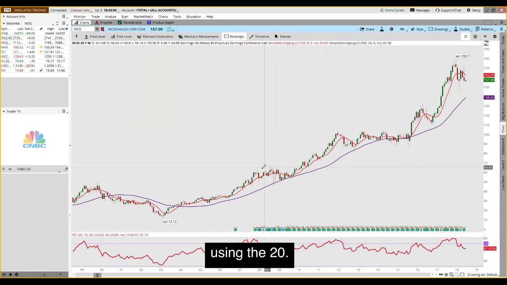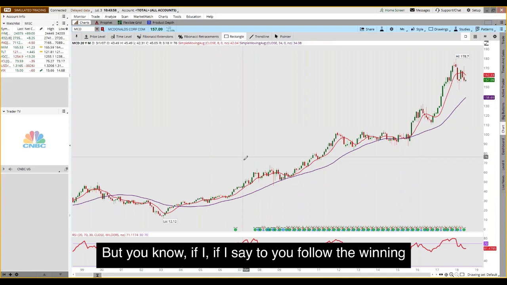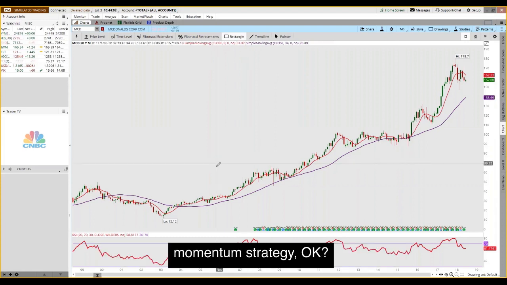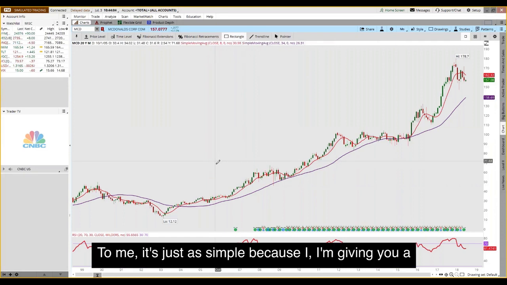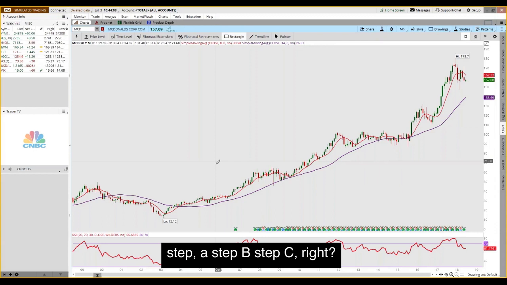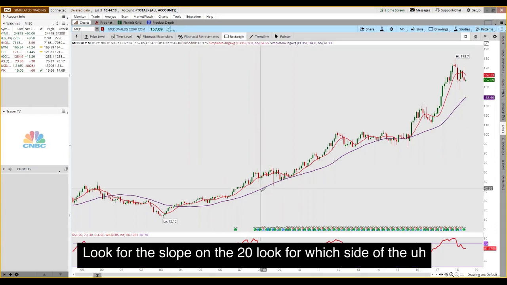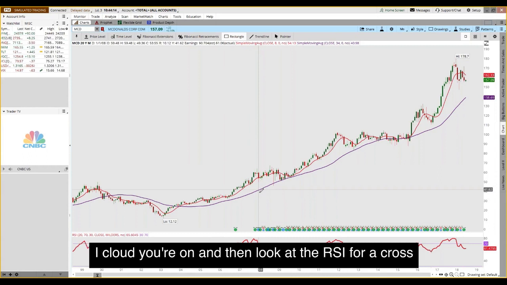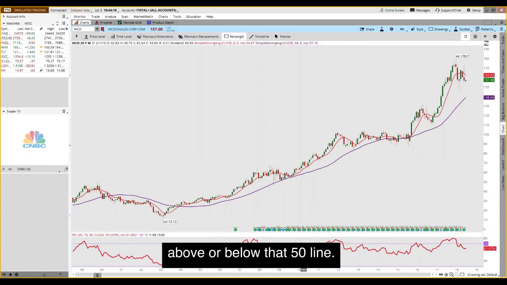I love using the 20, but if I say to you, follow the winning momentum strategy, to me, it's just as simple because I'm giving you step A, step B, step C. Look for the slope on the 20, look for which side of the Ichimoku cloud you're on, and then look at the RSI for a cross above or below that 50 line.